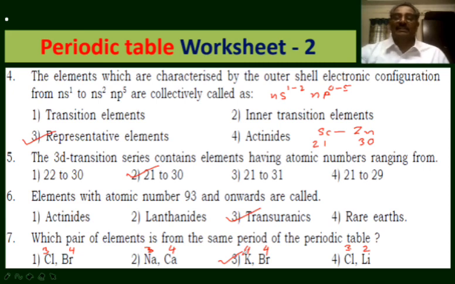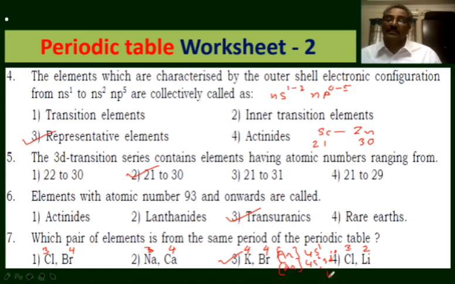The differentiating electron lies in the same main energy level in potassium and bromine. Electronic configuration of potassium is argon 4s1 and electronic configuration of bromine is argon 4s2 3d10 4p5.